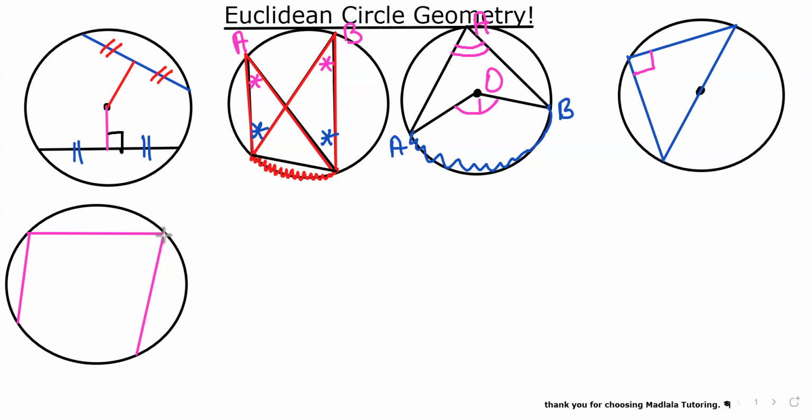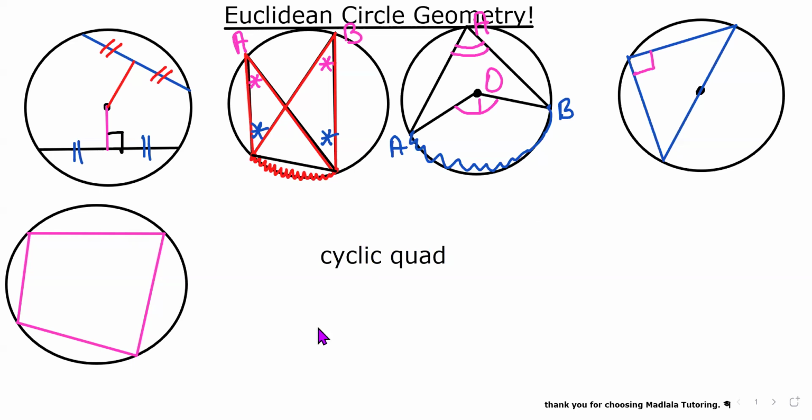What makes this quadrilateral special? Well, it's the fact that the vertices of this quadrilateral, they all lie on the circumference of a circle. Now, every time you have such a quadrilateral, then you must know that we call this a cyclic quadrilateral or a cyclic quad in simpler terms.